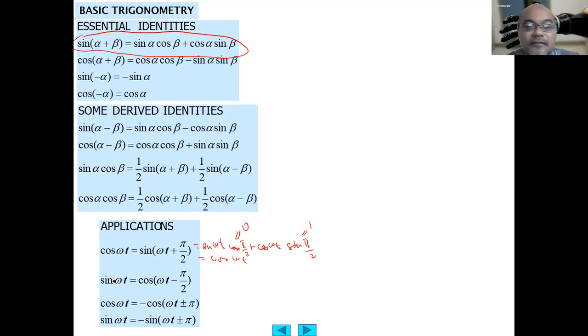But before going to the next line, if we draw the graph, cosine omega t equals sine omega t plus pi over 2. It means what?